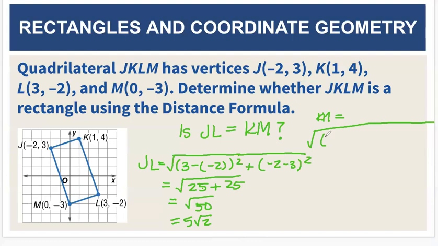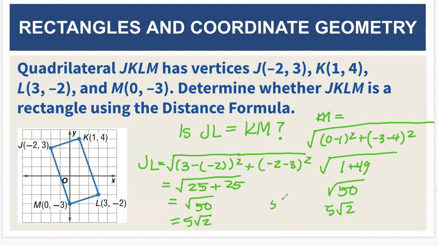It was 0 minus 1, and then -3 minus 4. Yep. All right, so 0 minus 1, that's -1 squared is 1. -3 minus 4 is -7 squared is 49. So that's also going to give me the square root of 50, which again is 5√2, right? Because 50 is 10 times 5, and 10 is 2 times 5. So that's 5√2. So are those equal?